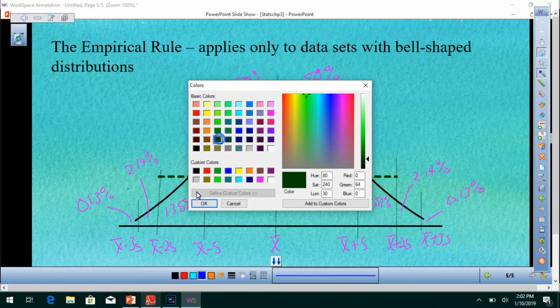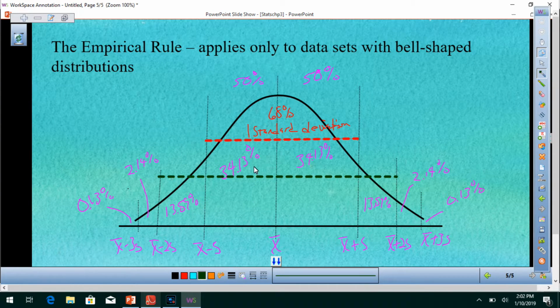This is 2 standard deviations, and that is going to be 95%. We'll put 95% right there. All right.